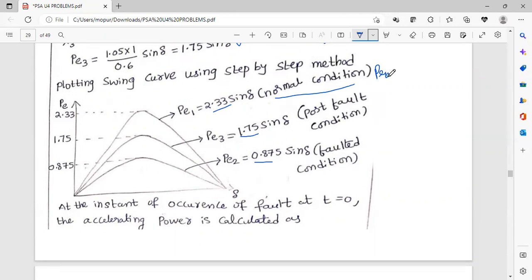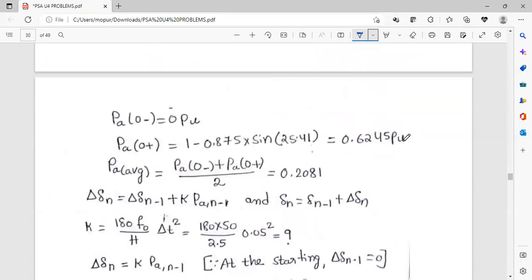Pre-fault will be more than post-fault, than during fault. This is the pre-fault condition, this is post-fault and this is during fault condition. Now we did the normal problem. We found out the three equations. Now let us move on to the step-by-step method.